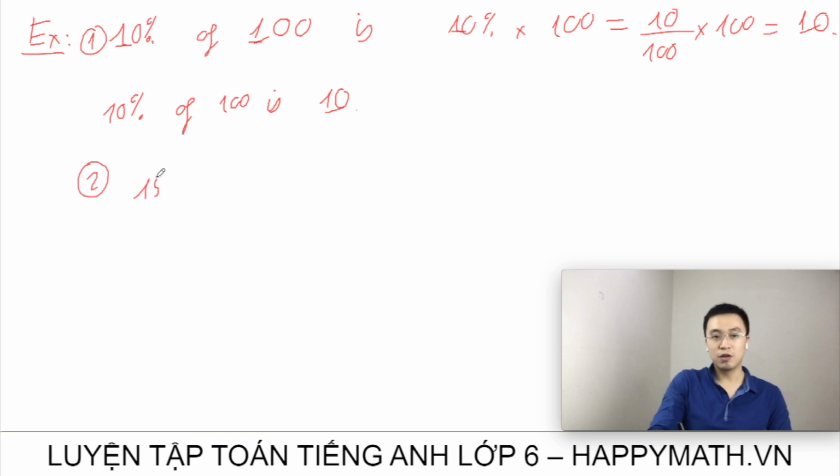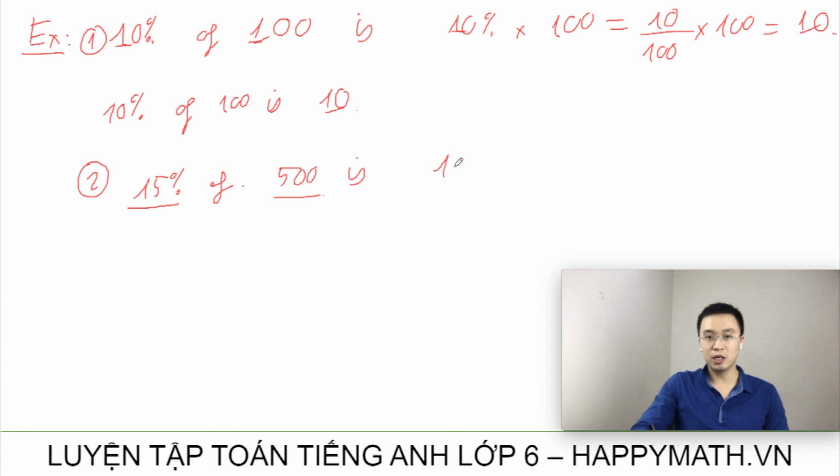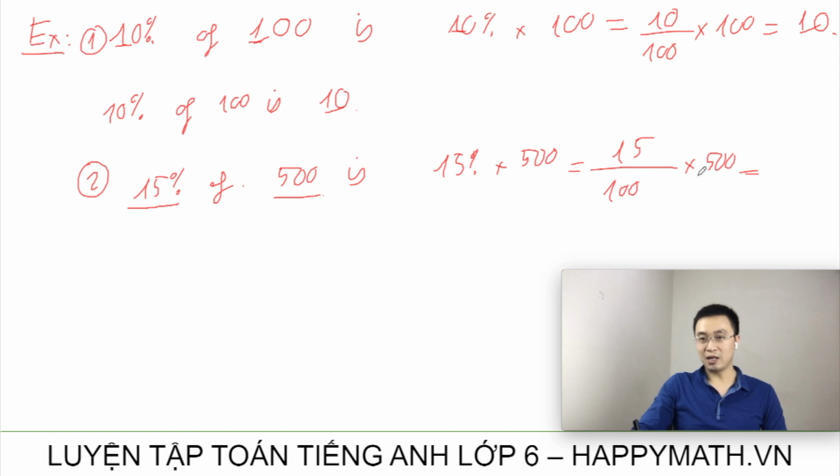Example 2, 15% of 500. You take this number, multiply with this one. 15% multiplied with 500, and you got 15 divided by 100 and multiplied by 500. You cancel 100 and 500, you got 5 here, and this one is 1.